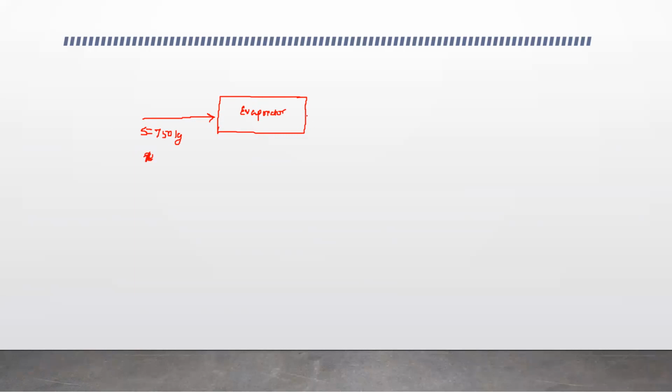And let's say water leaving this evaporator is E. And then you have concentrated strained juice with, sorry, 60% solids.